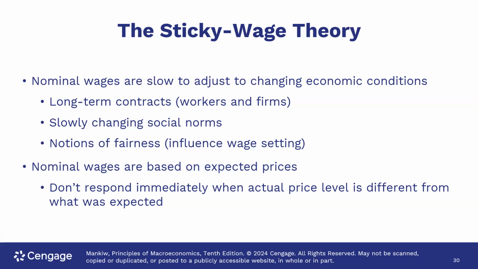The second factor is slowly changing social norms. When people already accept a certain level of wage, they will sit on it. They do not actively negotiate or actively seek a new wage, right? And lastly, there is the notion of fairness. It will also influence wage setting. Sometimes an individual is very productive, so they are eligible to negotiate a higher wage.